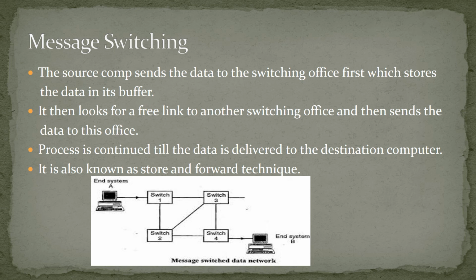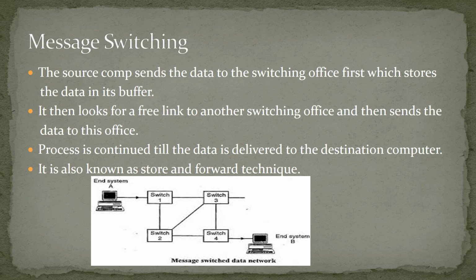Then it is sent to some other switching office, and this process continues till it reaches the server of the destination switching office, and then the message is delivered to the destination. It is also known as the store and forward technique. So one office passes the data to another office, and this goes on and on till finally the message reaches the server of the last, or destination, switching office.